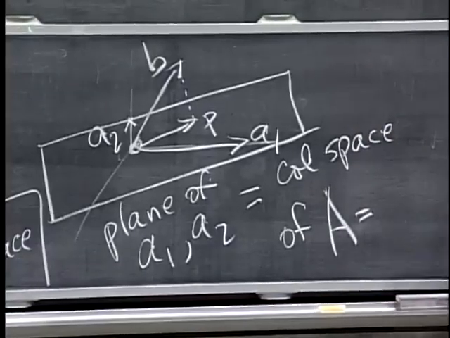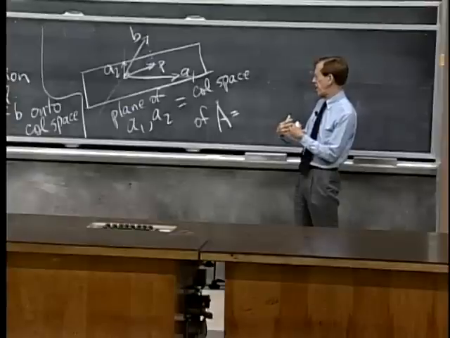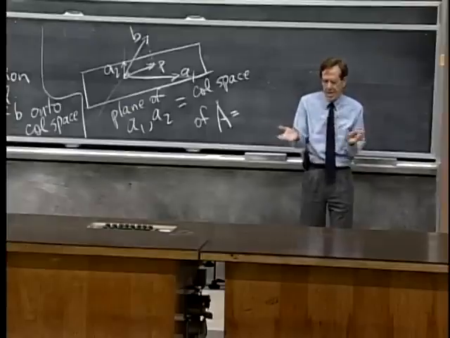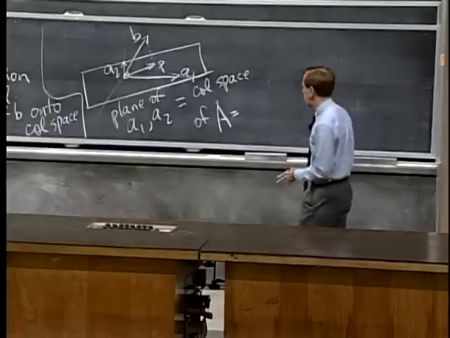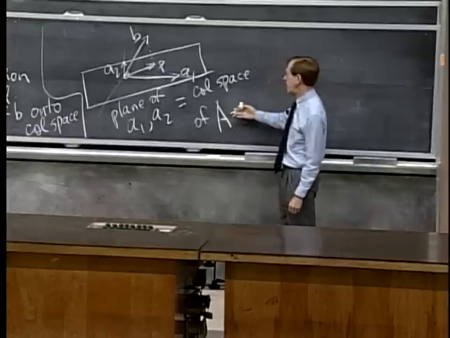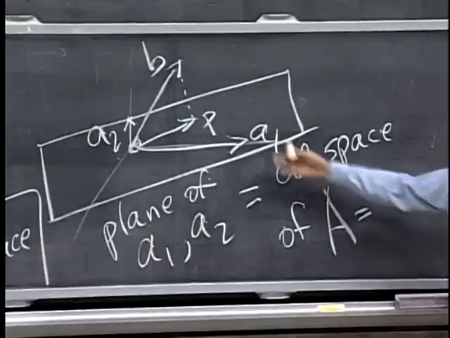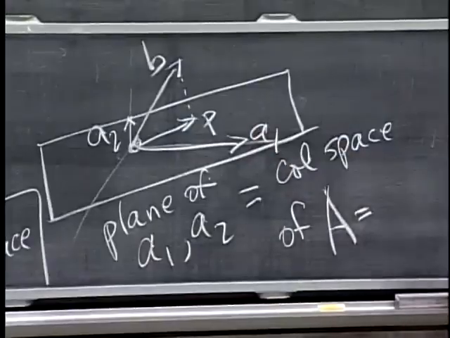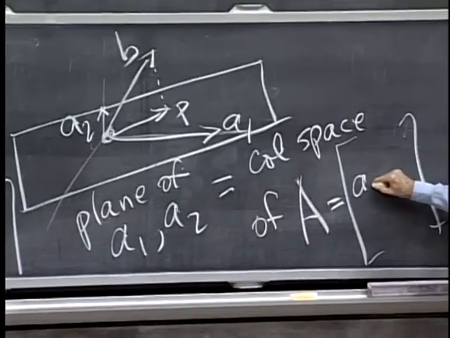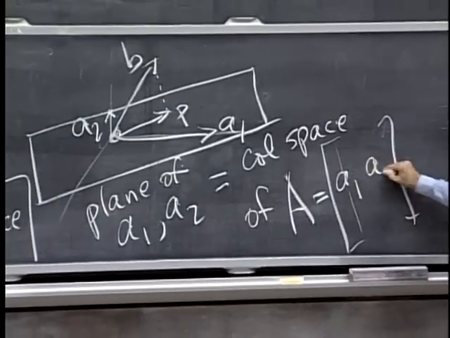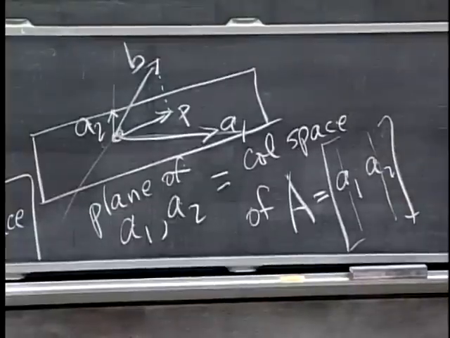I'm thinking, how do I project onto a plane? And I want to get a matrix in here. Everything's cleaner if I write it in terms of a matrix. So what matrix has that column space? Well, of course, it's just the matrix that has A1 in the first column and A2 in the second column.